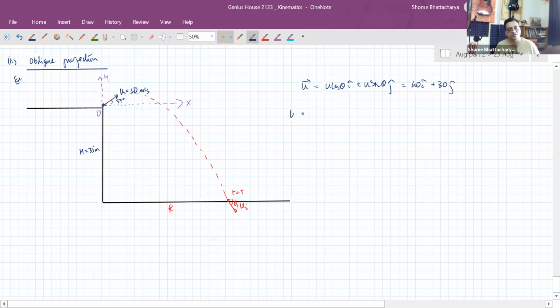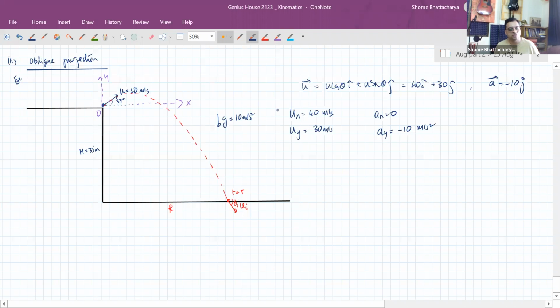So x component of initial velocity is 40, y component is plus 30, and g is downwards. So the acceleration due to gravity is minus 10 j cap. So ax is 0, ay is minus 10 in this case. Minus because I've taken y-axis upwards.